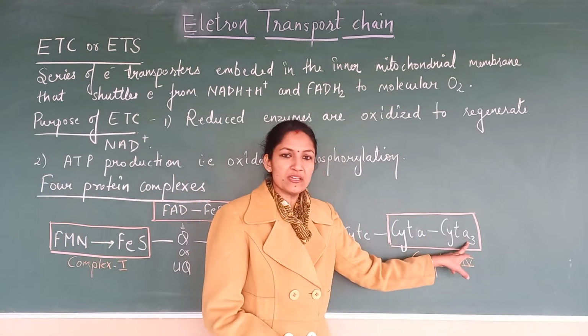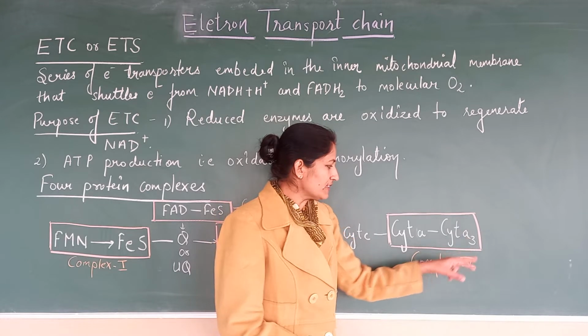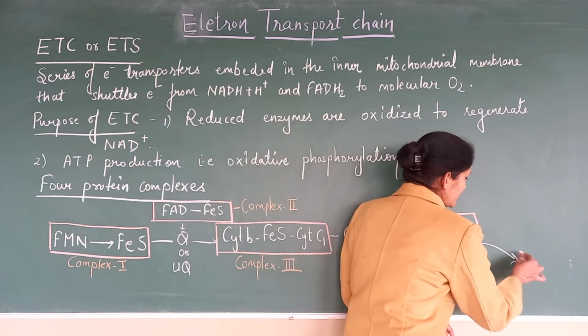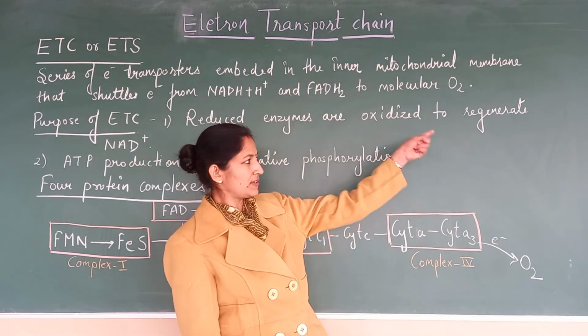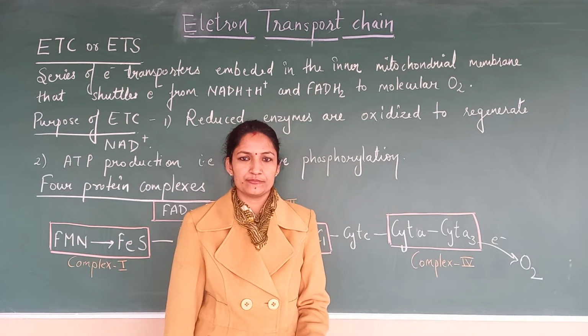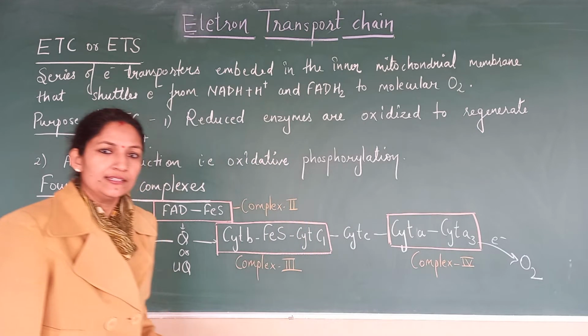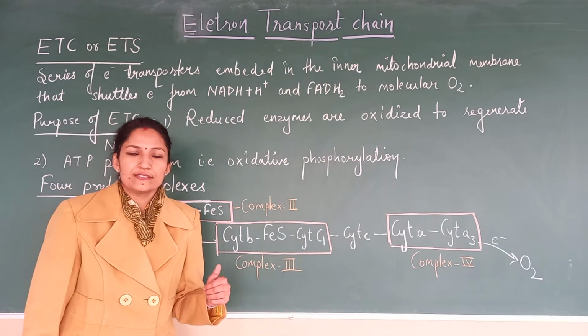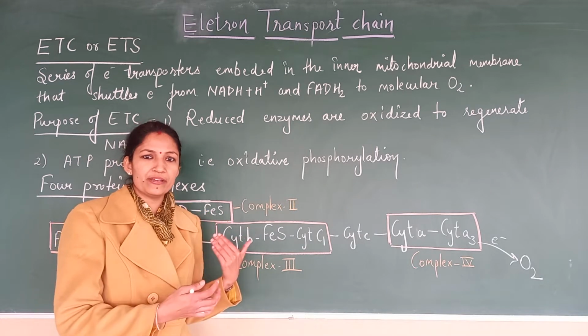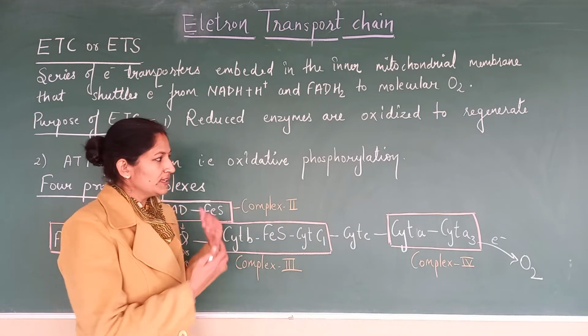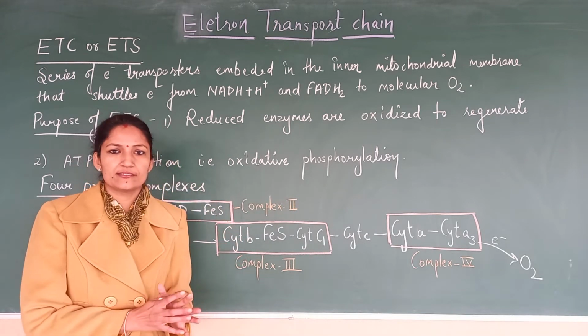So at the very last we come to A3, and A3 finally gives the electron to the oxygen molecule. This is as per the definition. Clear? Now we are going to discuss the structure of this inner mitochondrial membrane along with their presence in that.